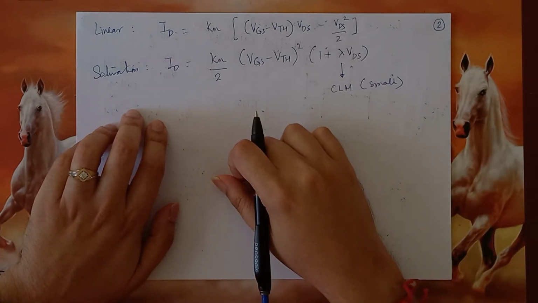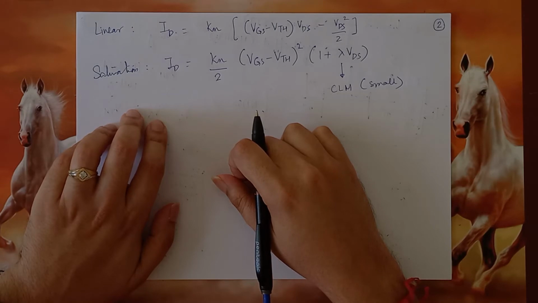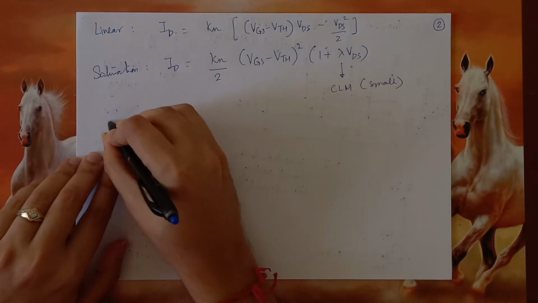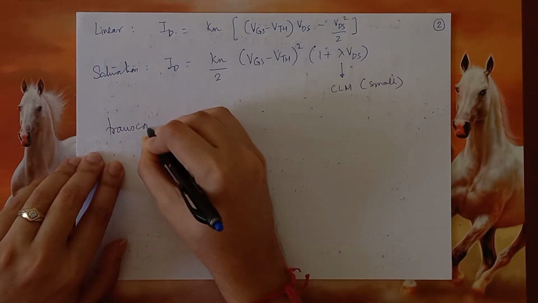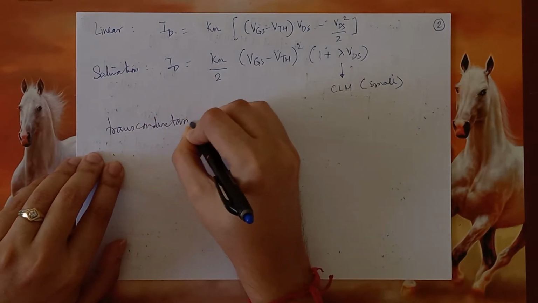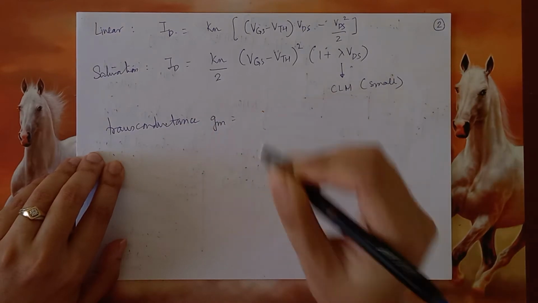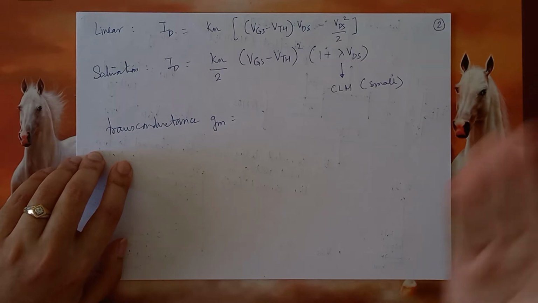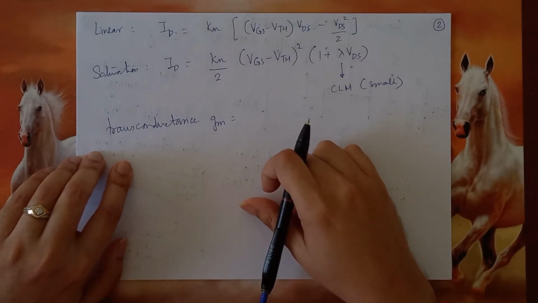To see how well the transistor is able to act like an amplifier, we need to see how much is the change in current with respect to the change in the input voltage. So therefore, we define a quantity called transconductance, gm, and that is nothing but a ratio of the change in the drain current with respect to the change in the gate to source voltage.